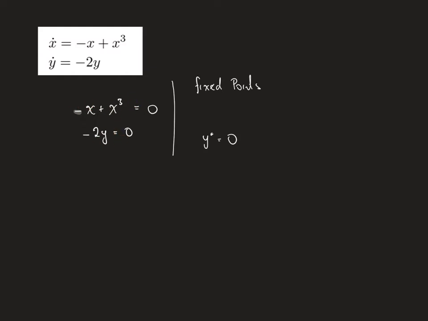Now, for this equation, we can make things simpler when we factorize, which means that we will have x times (x squared minus 1) equal to 0.